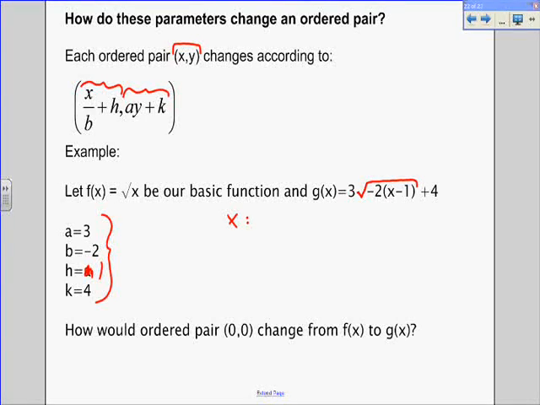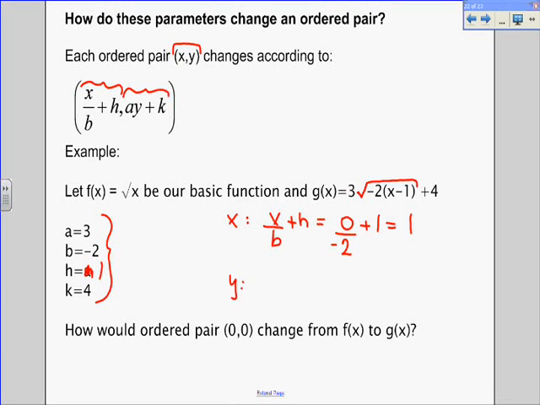Well, x is getting transformed by x over b plus h. So let's write that down. Let's fill in our h and our b values. So h is 1 and b is negative 2. So for our x value, we're doing 0 over negative 2, plus 1. So my new x value would be 1.